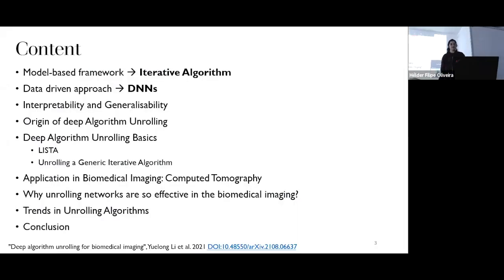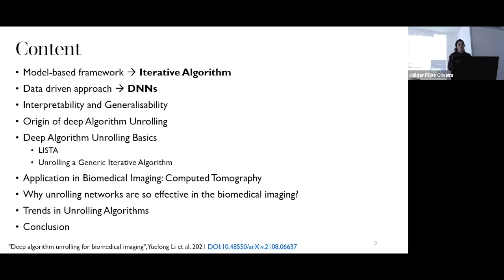The content of this talk will be, first, some context of what deep algorithm unrolling is. We start with the model-based framework that originates the iterative algorithm, and the other approach, more popular these days, the data-driven approach, which is deep neural networks. Then we will discuss concepts we use a lot in machine learning, interpretability and generalizability.